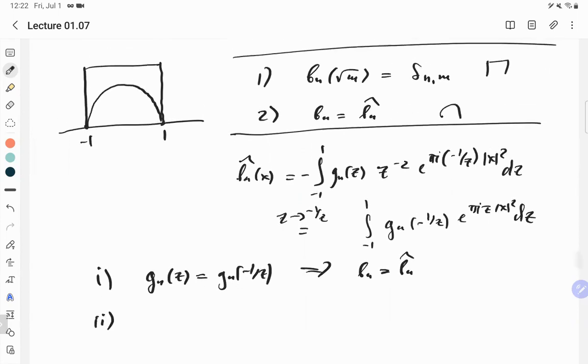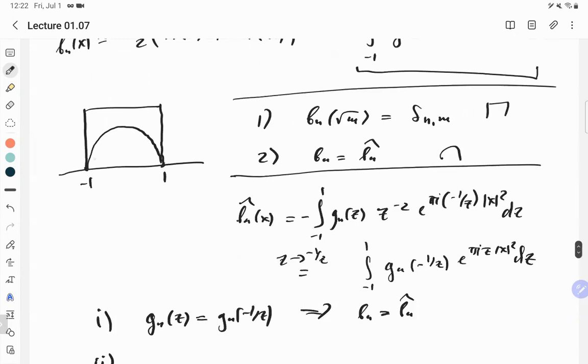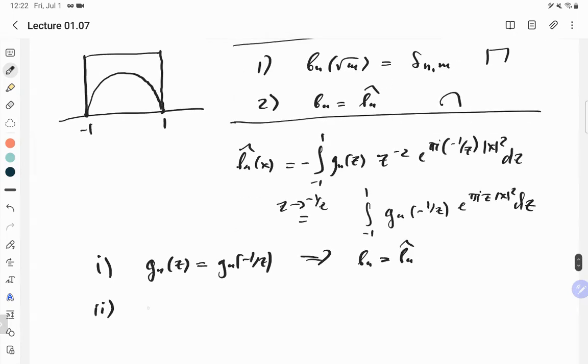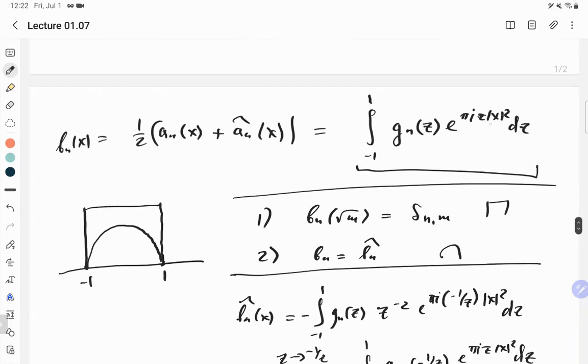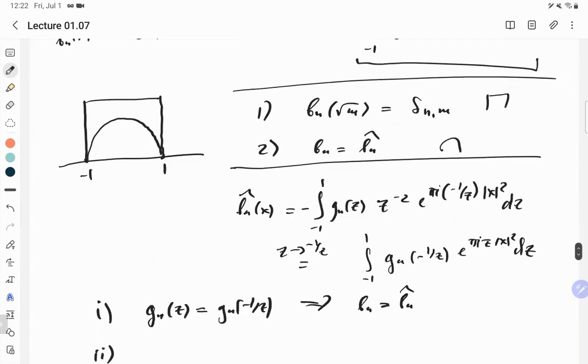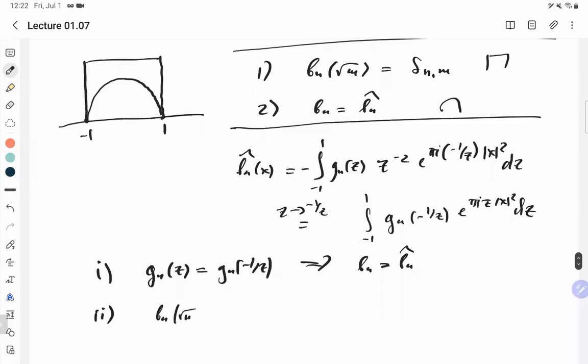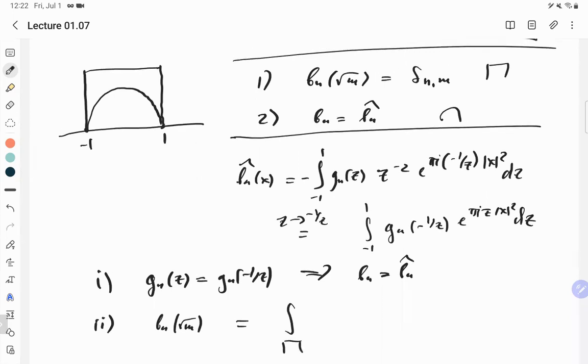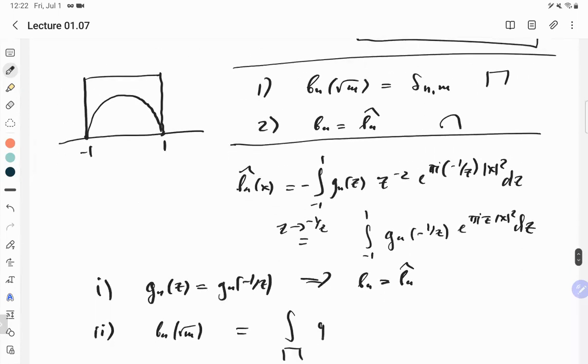And the second thing, so if you now use instead of the circle this contour, let's see what it tells. So if you plug in square root m, Bn of square root m is the integral over this picture of Gn of z. And because it's square root of m, it's e to the pi I m z.